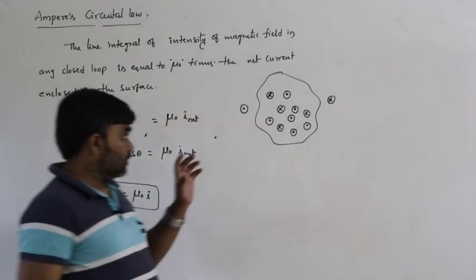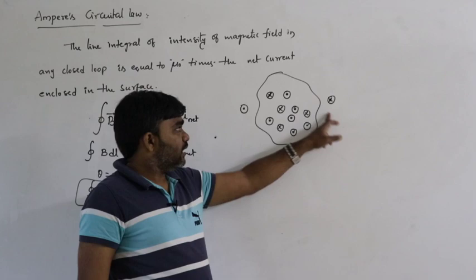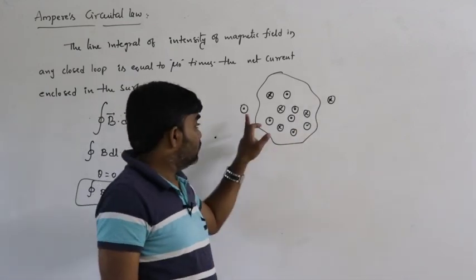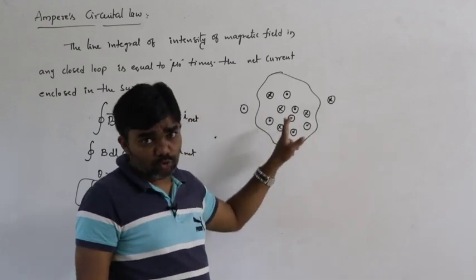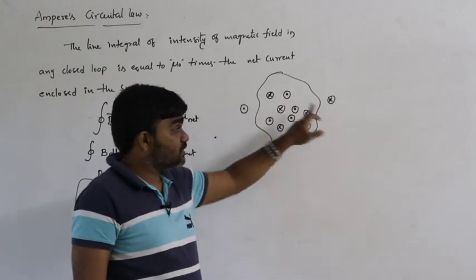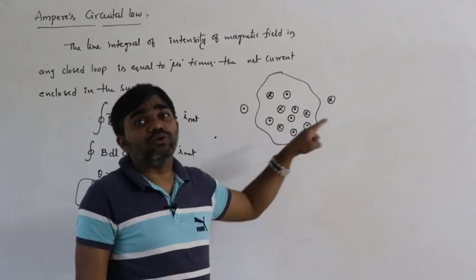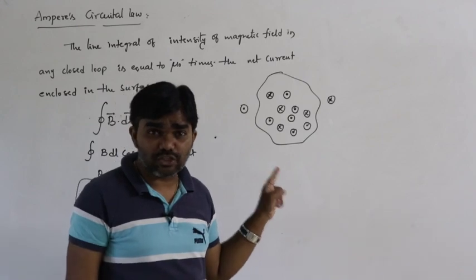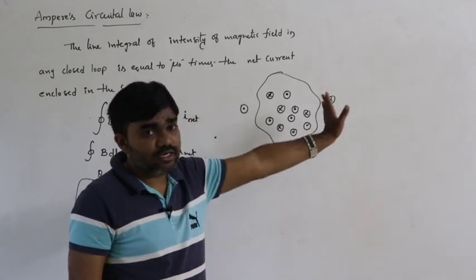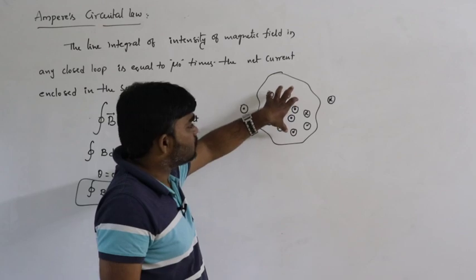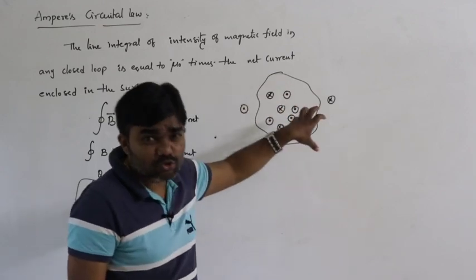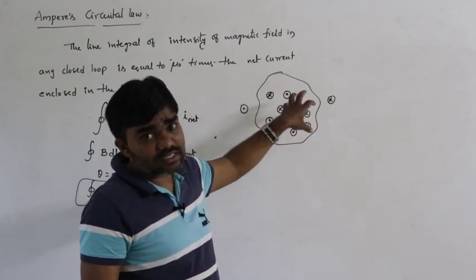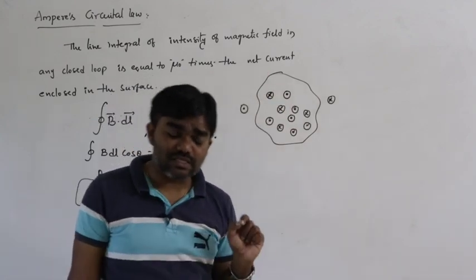While calculating this, the currents outside the surface of the loop, no need to take into consideration. Just neglect those currents. We have to consider only the currents that exist inside the closed loop.